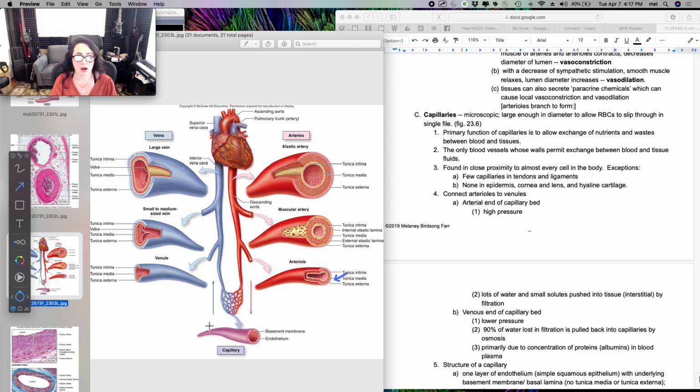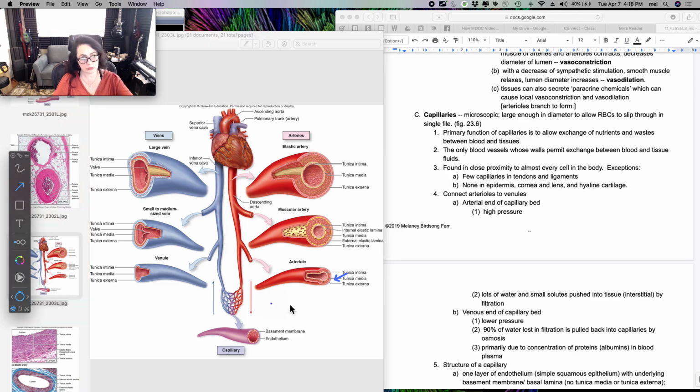And they are going to be higher pressure at the arterial end than they are at the venous end, because they have at least some level of porosity, and so some fluid gets pushed out. So you lose volume and therefore pressure as you go through. And then, of course, the ones at the arterial end are also just closer to the pump. So at the arterial end of a capillary bed, it's going to be higher pressure, and at the venous end it's going to be lower pressure.